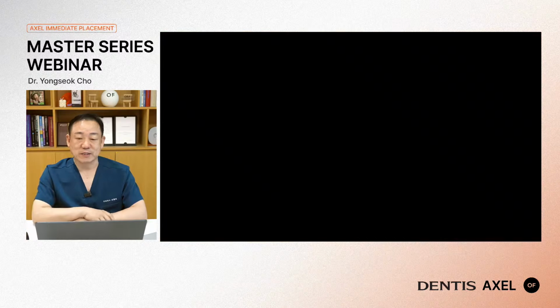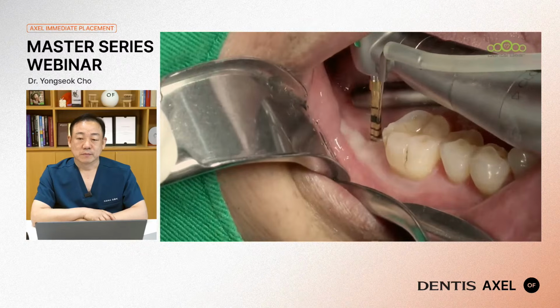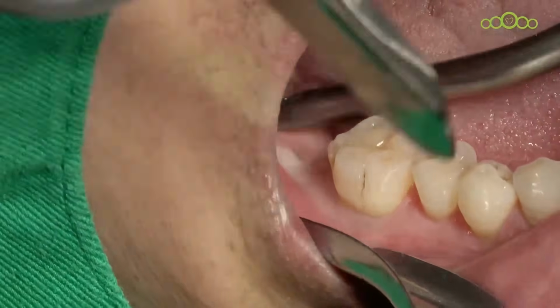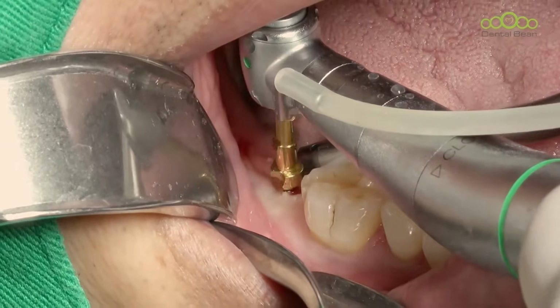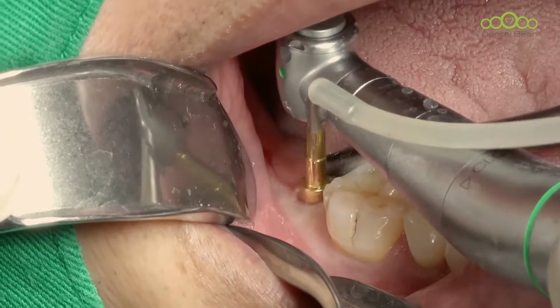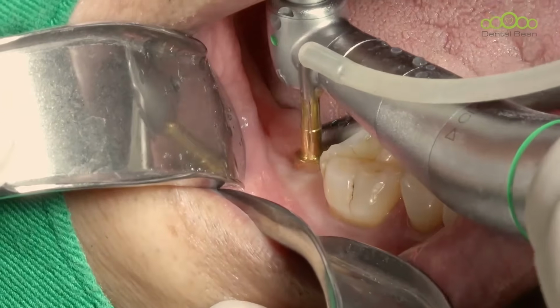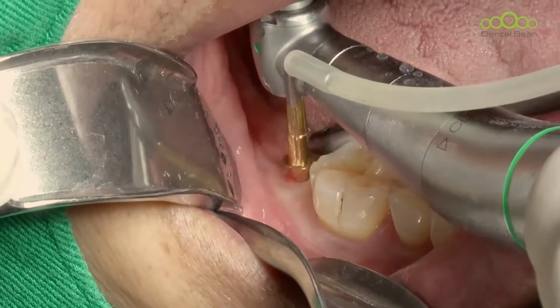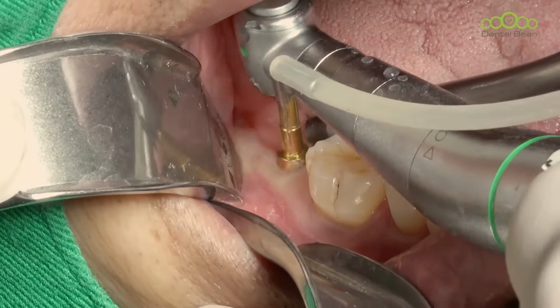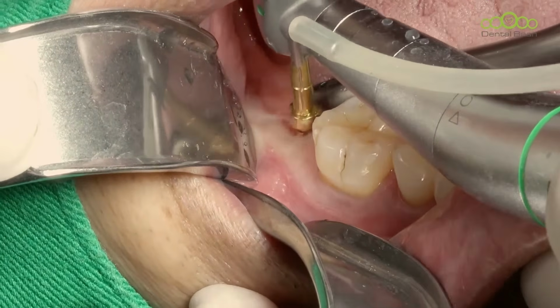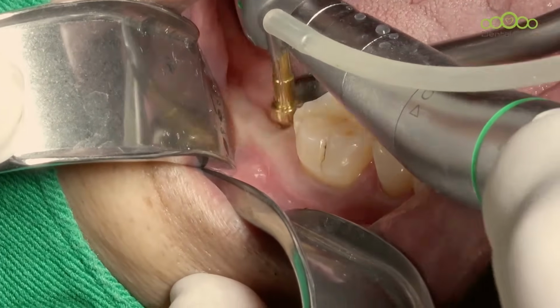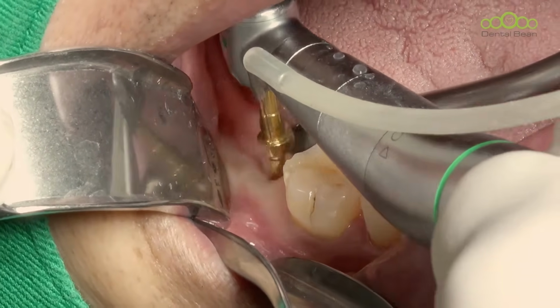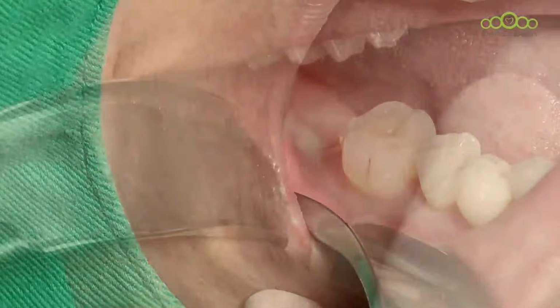Look at the video of this case. It is flapless surgery, so I mark the entry point about 5 millimeters distal from the number 6 gingival margin. And I touch the apical bone. It looks like normal bone density or even a little bit hard bone. Anyway, I touch the apical portion.